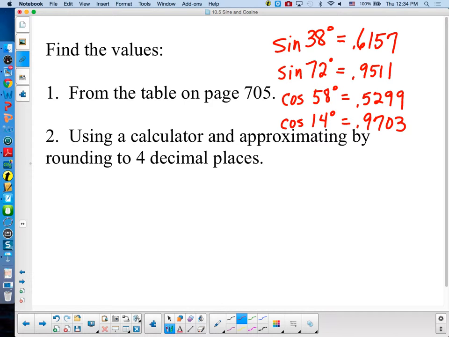Now your calculator has to be in degrees in order for those numbers to match up correctly. Allie's had just a mode button, degree button, so it just depends. As long as it's in degrees, you're good. Okay, anybody having trouble getting the values?